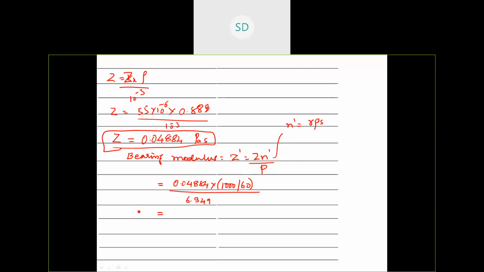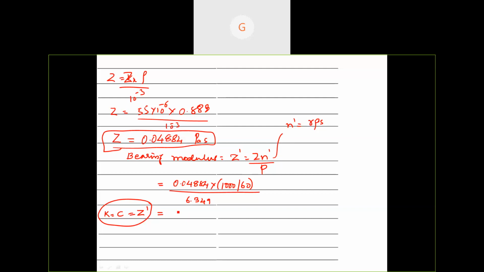Now you calculate Z n dash by P. You just note the notations. Someone calculate and provide the answer. 0.128.